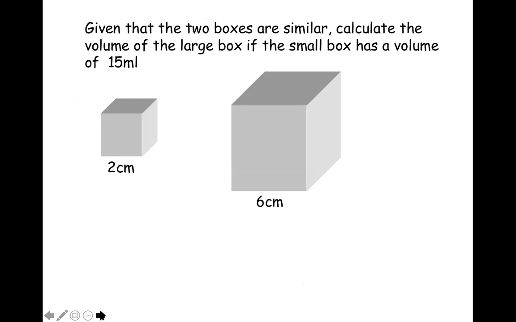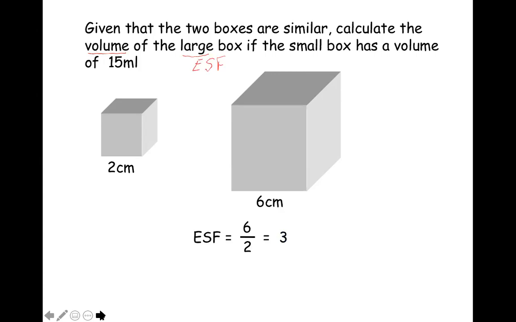So the type of question you can get asked during an exam would be, given that the two boxes are similar, calculate the volume of the large box. So straight away, if I see volume and large, you should be thinking, I'm looking for an ESF here. I'm going bigger. I need to enlarge. Okay, so ESF means the longer side divided by the shorter side. So 6 divided by 2 is 3.